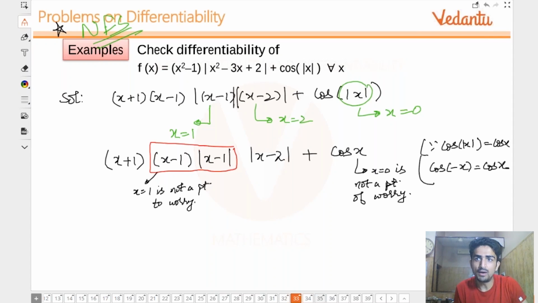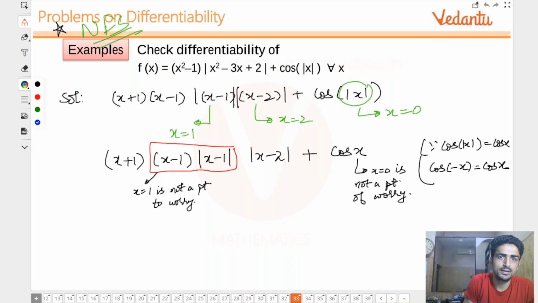Now the last step. In objective, that is how you are going to approach. First, you will mark the points which might create problem. Then if using some fundamentals, you can reduce it. And now in the end, the main point, just try to see. This is non-differentiable at 2.